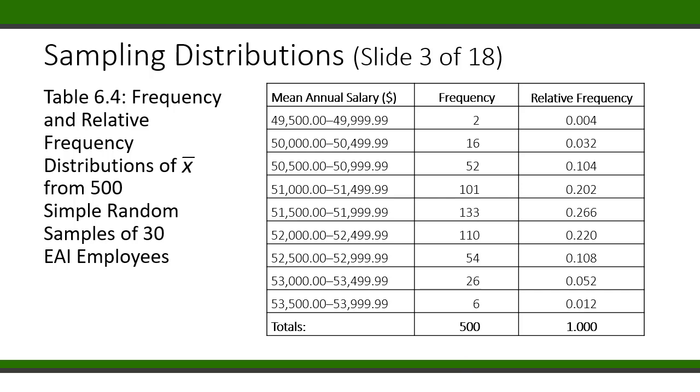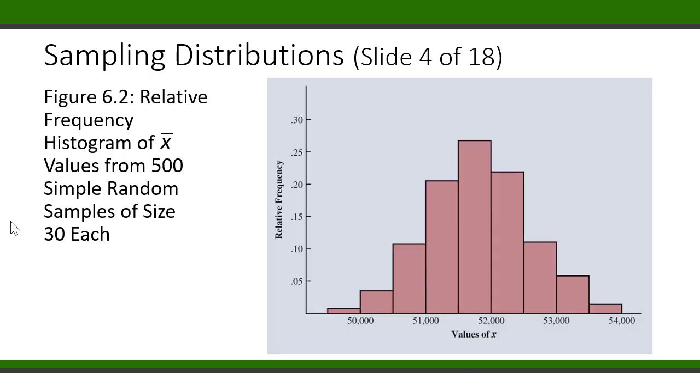We can plot that out, and we could get something like the following. We could actually see that distribution. We've got the relative frequency here and the values of X here. We would see that normally in the middle, that's approximating the true mean of that population that we're trying to generalize to.